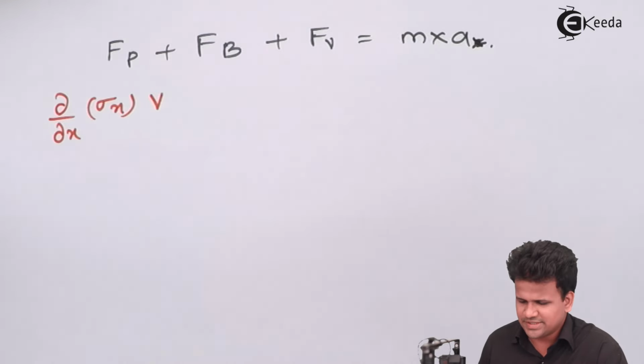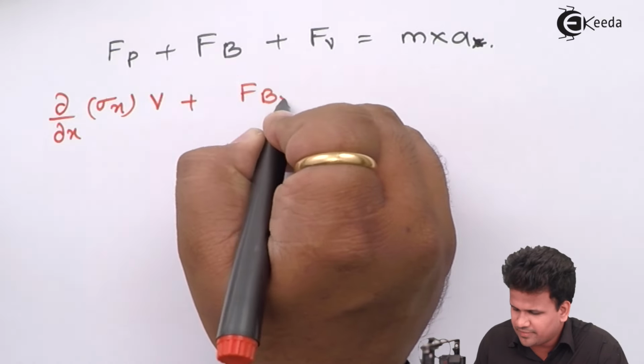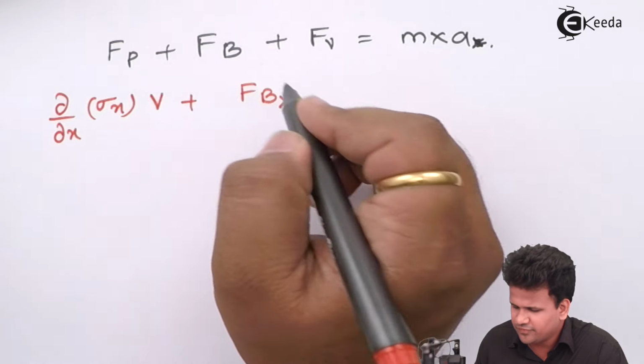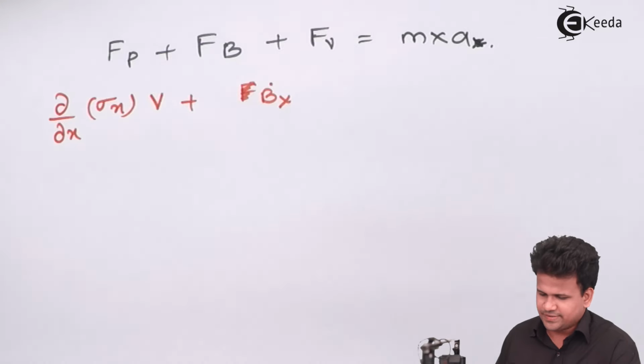Plus we'll have the body force per unit mass, denoted by Bx.